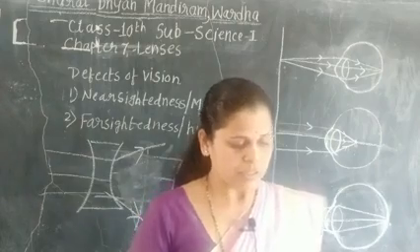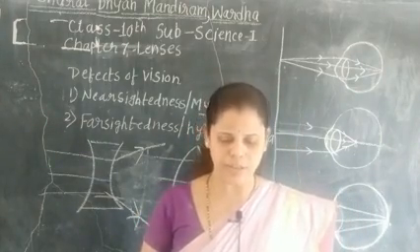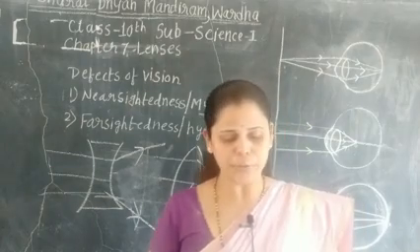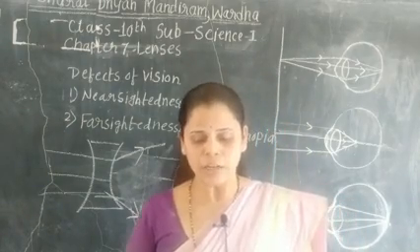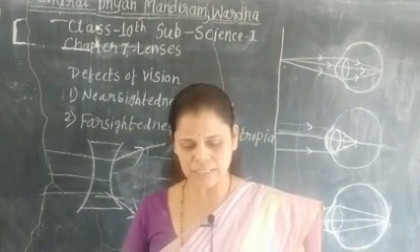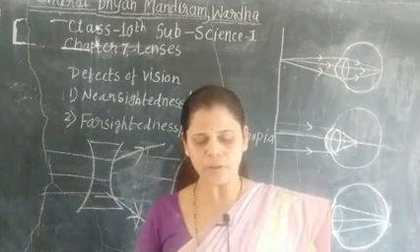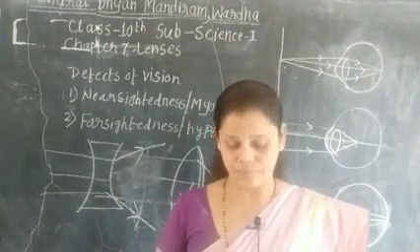This lens diverges the incident rays, and these diverged rays can be converged by the lens in the eye to form the image on the retina. The focal length of a concave lens is negative, so a lens with negative power is required for correcting nearsightedness.